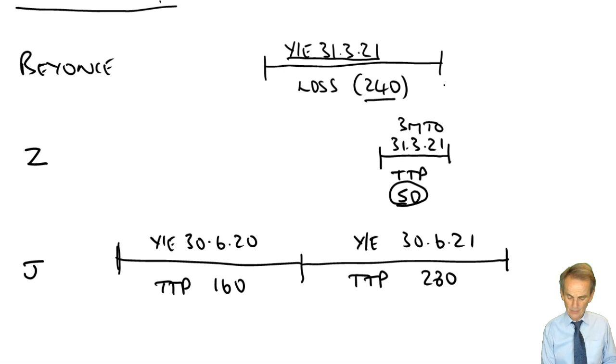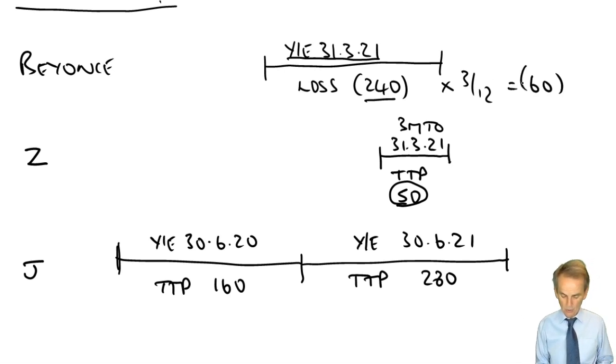But of course, only 3 months worth of Beyonce's loss-making period, which is some £60,000 of loss, corresponds with the 3-month period of profit. So we've got 3/12 of 240, £60,000 loss available, but the profit is only £50,000.